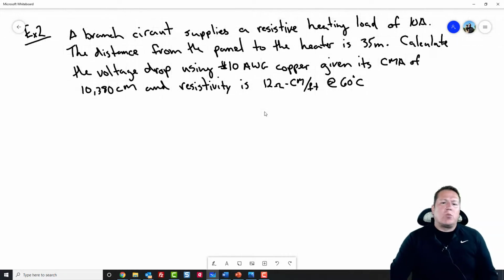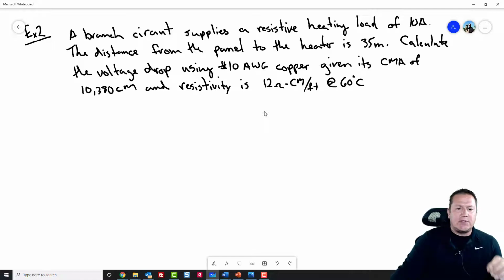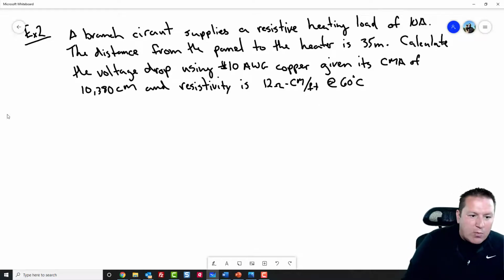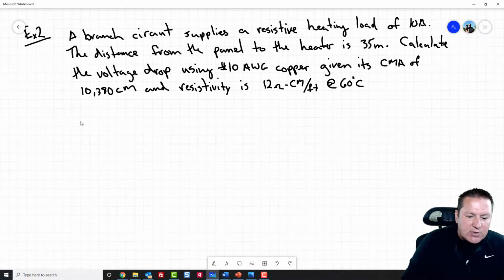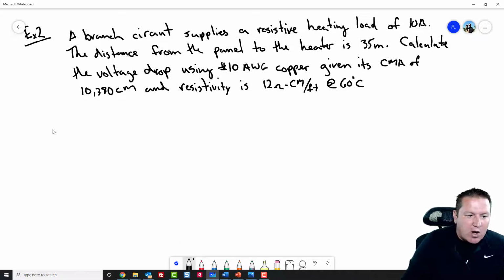All right, so a branch circuit supplies a resistive heating load of 10 amps. The distance from the panel to the heater is 35 meters. Calculate the voltage drop using a number 10, given its CMA of 10,380 circular mils, and resistivity is 12 ohms circular mils per foot at 60 degrees C. Okay, so what I would probably do is break this up into two problems.